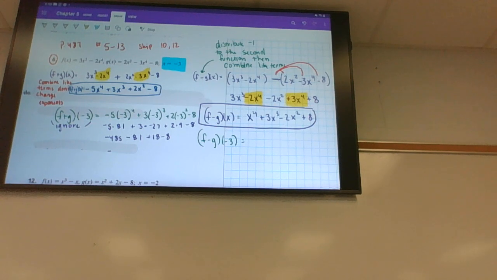Negative 5 times 81 is negative 405. And the answer is negative 476. So f plus g of negative 3. And you can put that green bit on your calculator and figure it out.